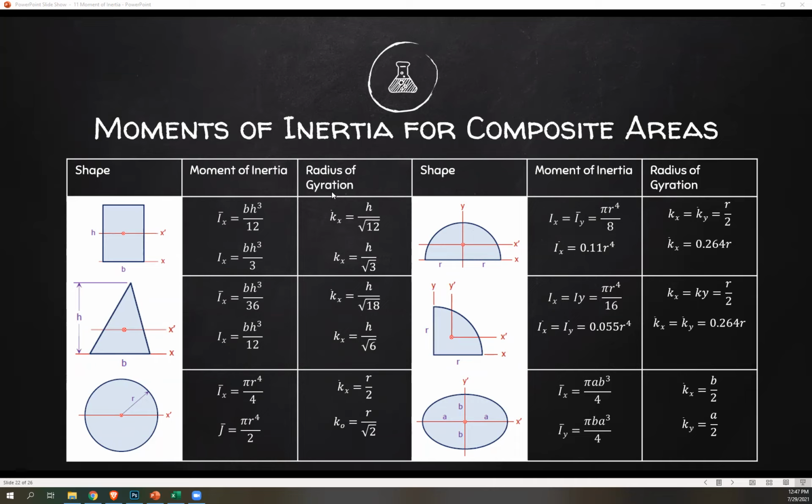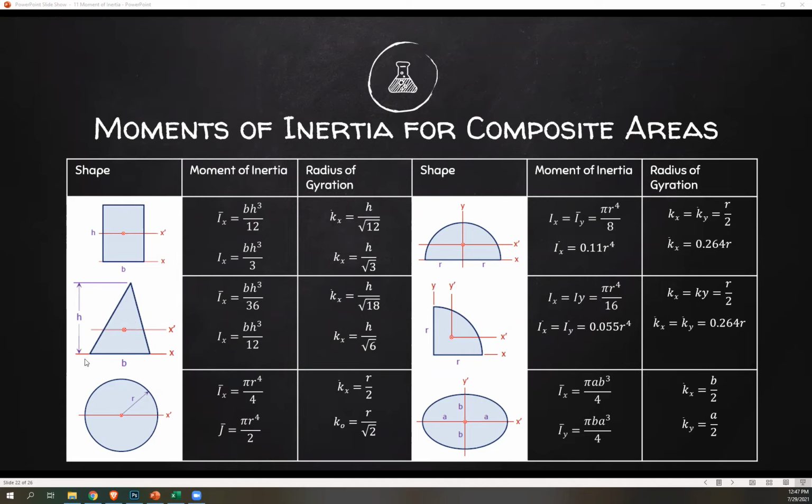Radius of gyration about the centroidal x-axis is h over square root of 12, and about the base is h over square root of 3. The centroidal axis and the reference axis are given in the drawings to the left.